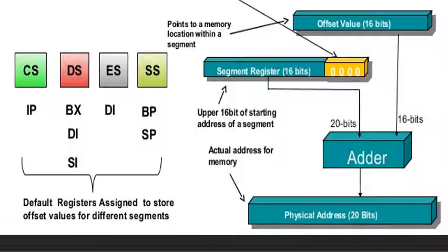Base pointer and stack pointer are the offset values for the stack segment. It is also shown in the figure. The bus interface unit always appends 4 zeros automatically to the 16-bit value of a segment register because it knows the starting address of a segment always ends with 4 zeros.